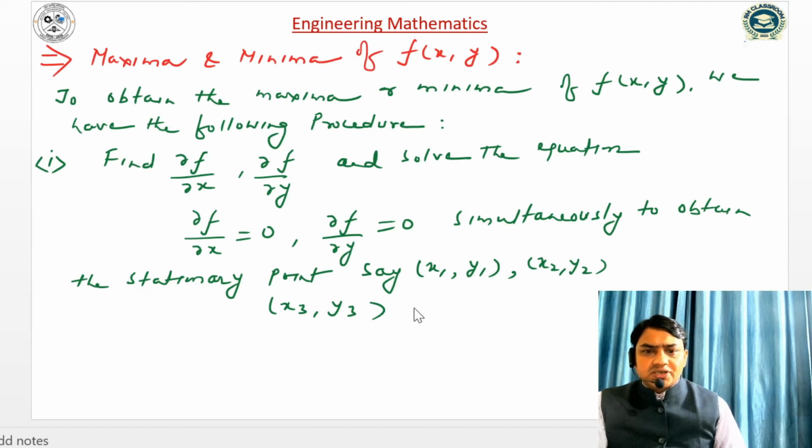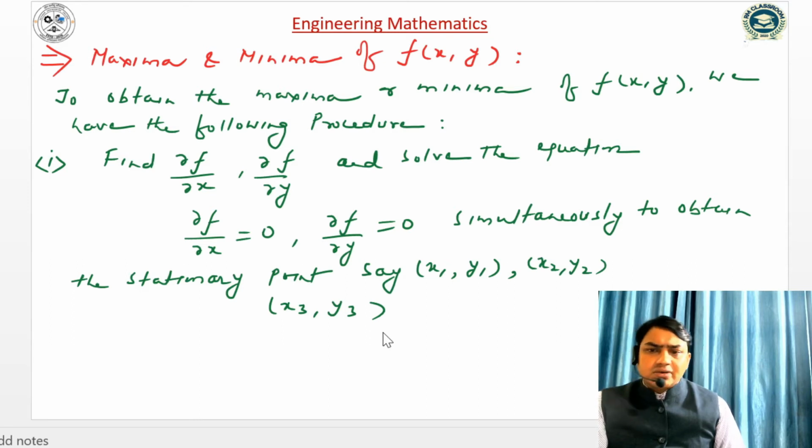Let us say that these stationary points are (x1, y1), (x2, y2) and (x3, y3). And after that we have to find the double derivatives of f, that is del 2f by del x square, del 2f by del y square and del 2f by del x del y. Let us name them: r is equal to del 2f by del x square, t is equal to del 2f by del y square, and s is equal to del 2f by del x del y.